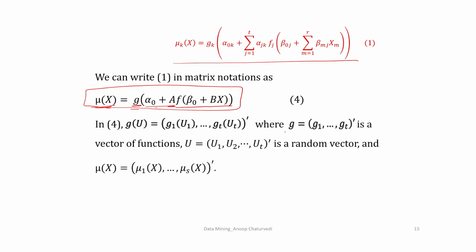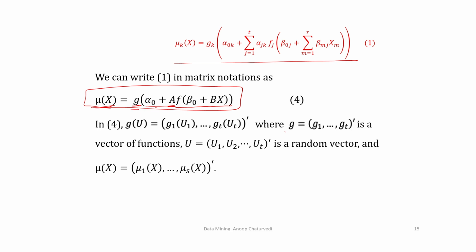So, we can write mu of x equal to g of alpha naught plus A f of beta naught plus B x. So, we are applying this activation function to reach the hidden layer, then you have these weights, and we apply this activation function to reach the output layer.